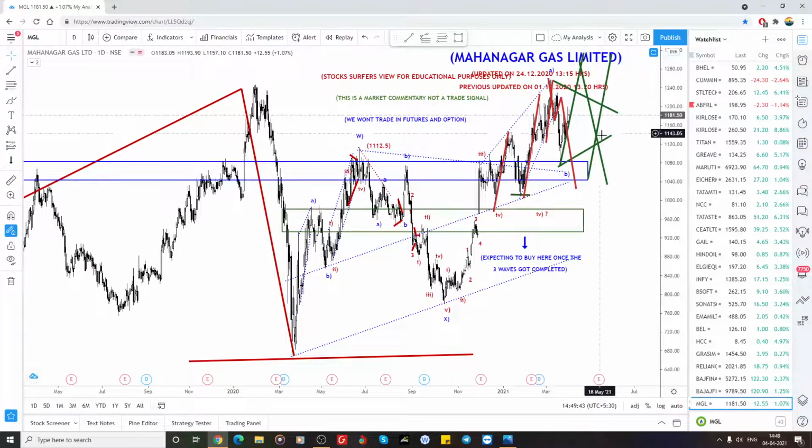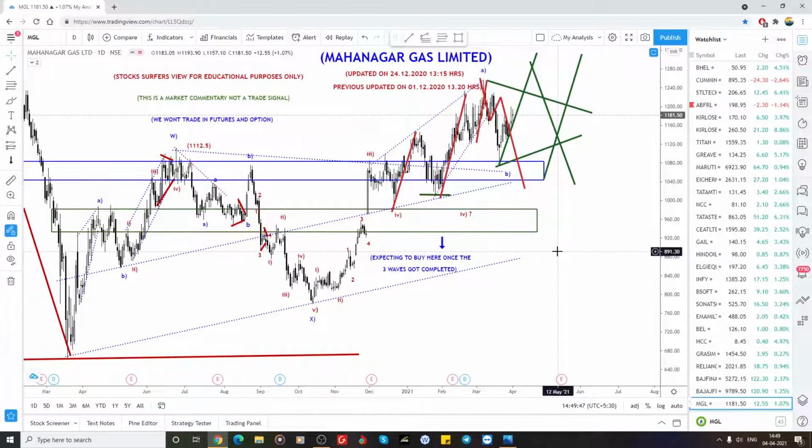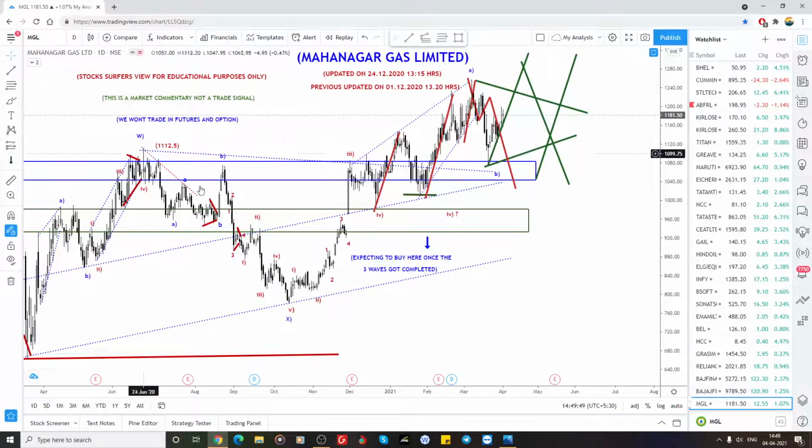And again one more three-wave structure, the bigger three-wave structure to the 950 is also possible. Or else this is a W and this is the X, means the five-wave structure is A and we are in the B wave. So there can be a lot of possibilities I have shown.